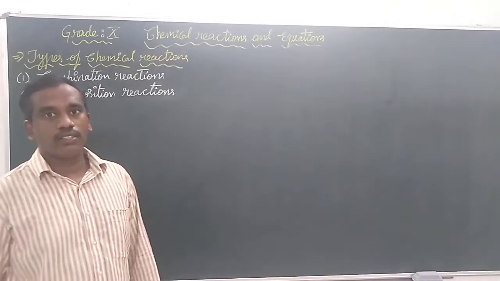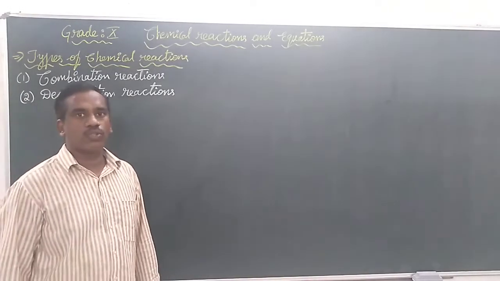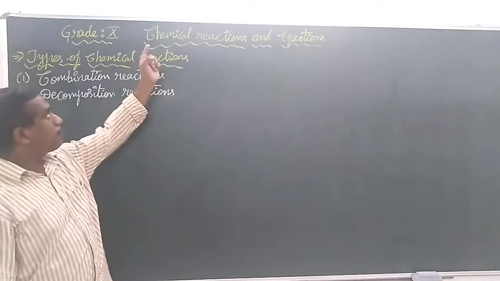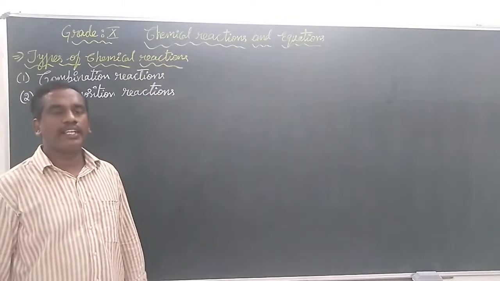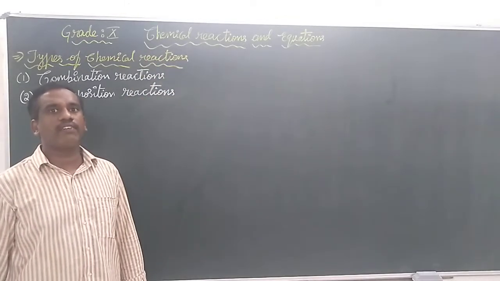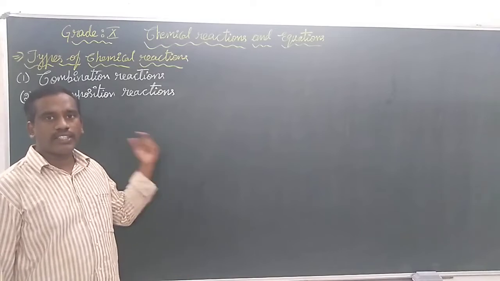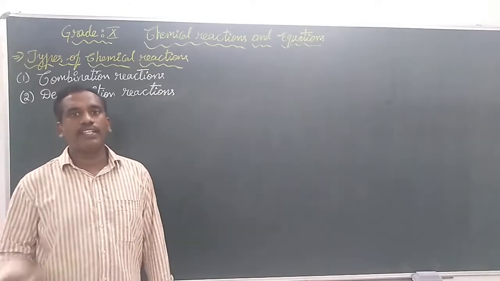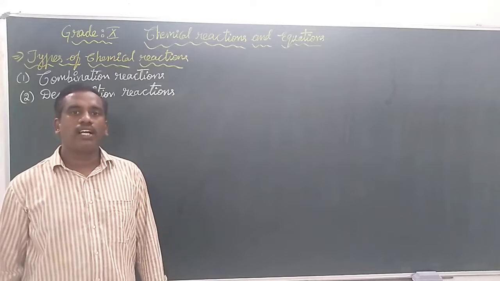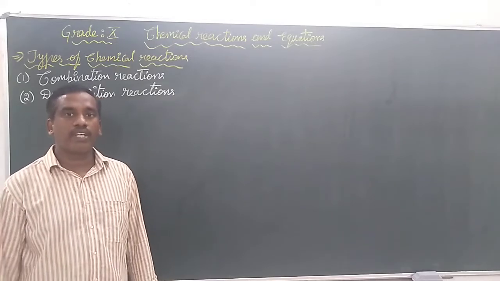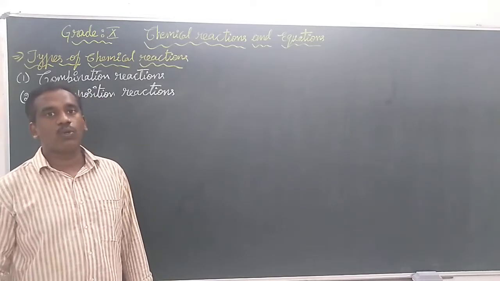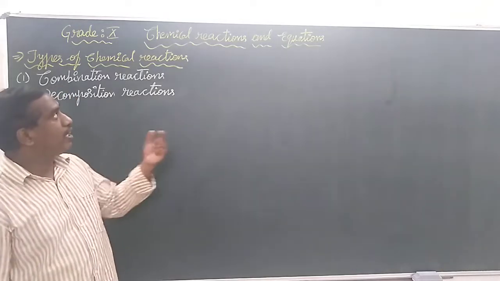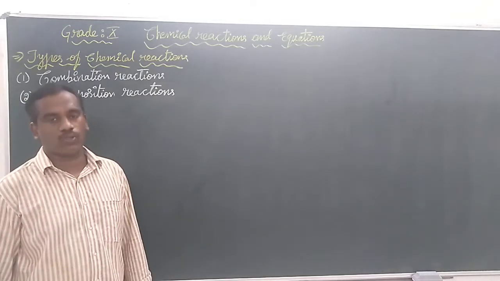Hi students, in our previous videos we had started the chapter called Chemical Reactions and Equations of the grade 10 standard, that is chapter number 1. There we had discussed many things, that is how to define a chemical equation and how to write the definition for the chemical reaction also.